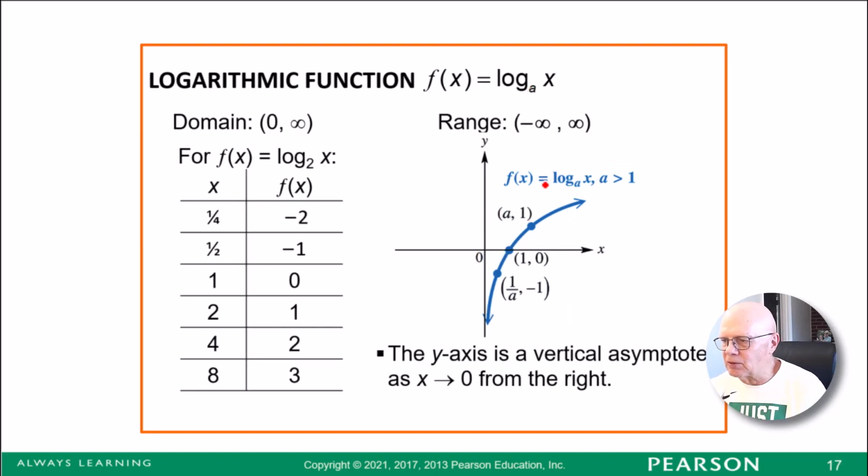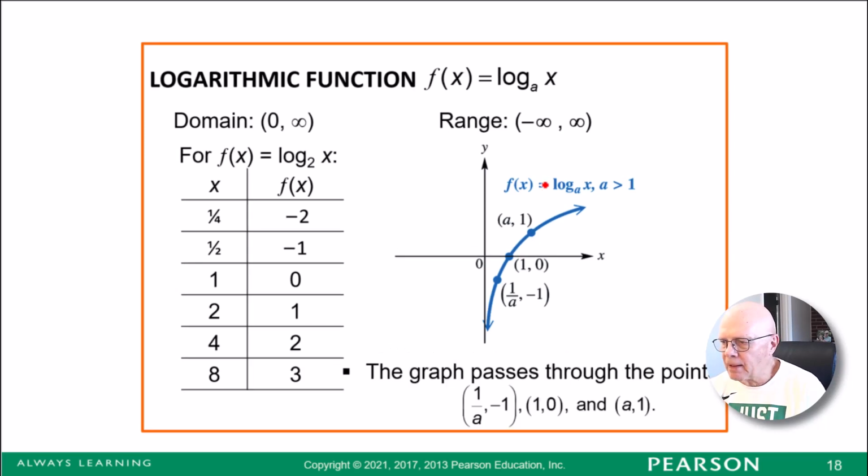And the asymptote. Remember, the asymptote is what the function, or the graph of the function, is getting close to. And there are your 3 points. You might want to temporarily memorize those, especially this one.